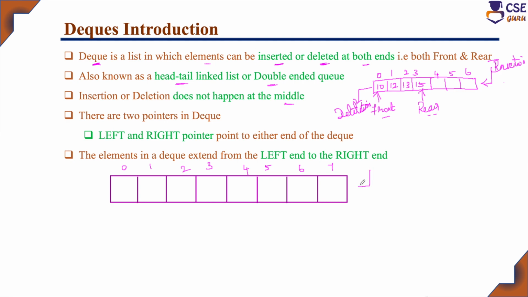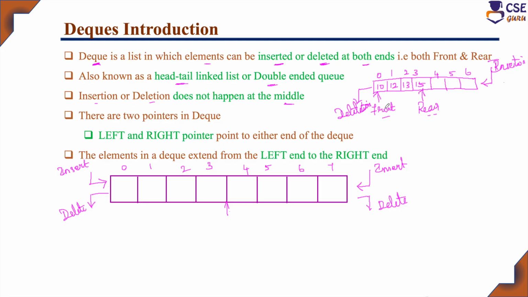Here also you can insert, and here also you can delete. This front side also you can insert and also delete. But insertion or deletion does not happen at the middle portion. We cannot perform any insertion or deletion there.